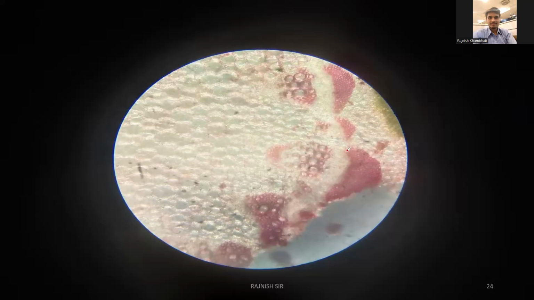See, this is sclerenchyma. You can see, it looks like semilunar patches. And this portion is xylem, and this portion is phloem. So xylem is also there, phloem is also there, and this is sclerenchyma.